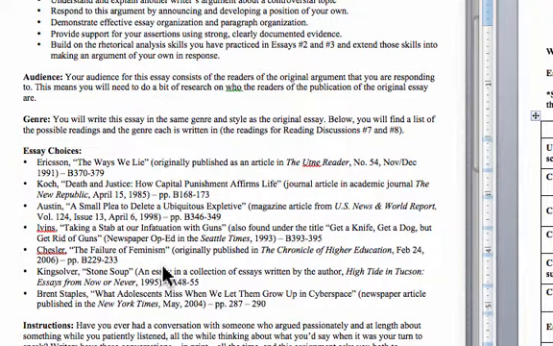So obviously, if you chose Austin's article, you would need to research who the audience of U.S. News and World Report is. Same thing with all of these other sources where these essays came from, okay? And then you will write to that audience.